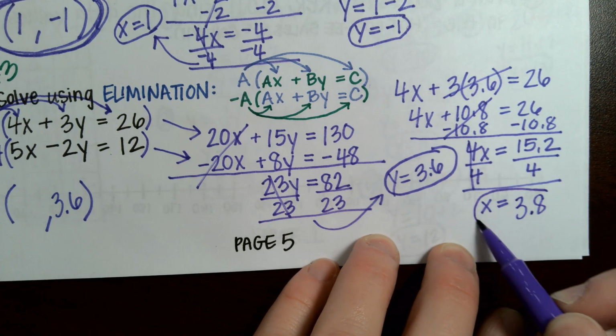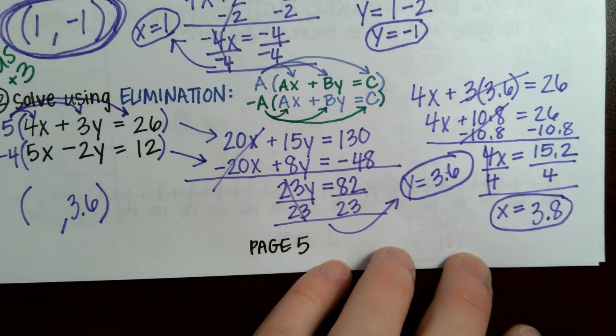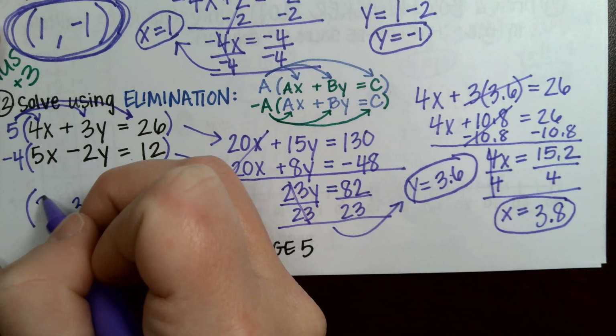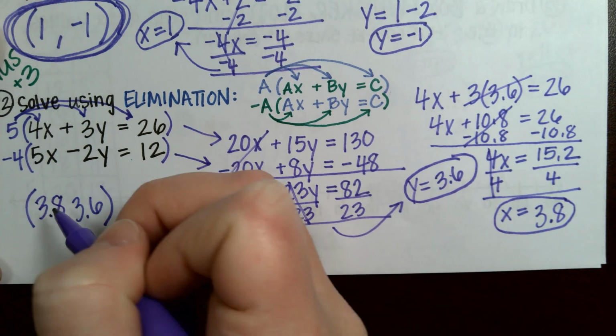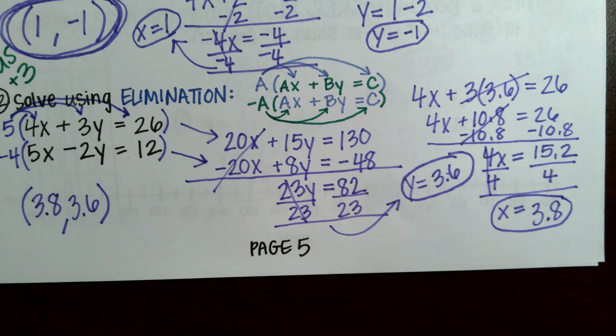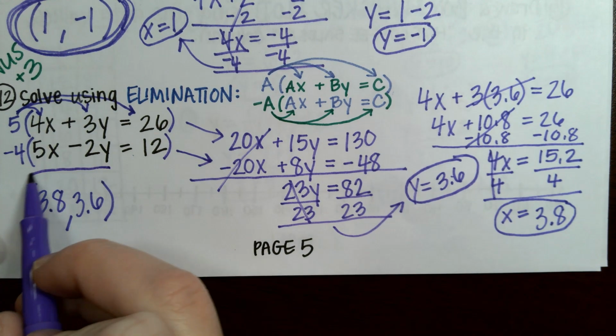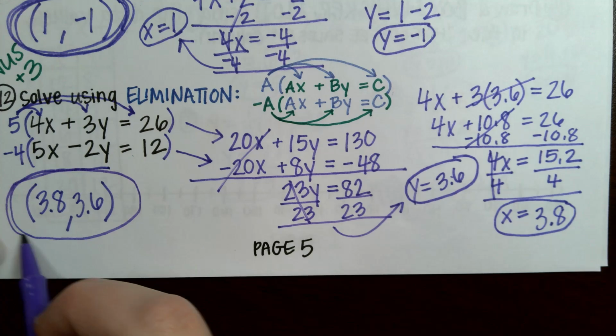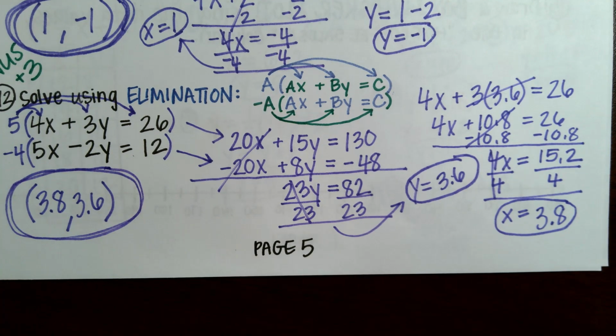Tell me if you guys get the same answer. I wrote it down, but I'm not going to say it out loud in case you're still working. You can keep working. If you are done, look up and see if you got the same thing. Pretty close.